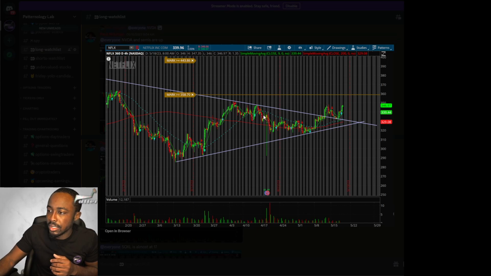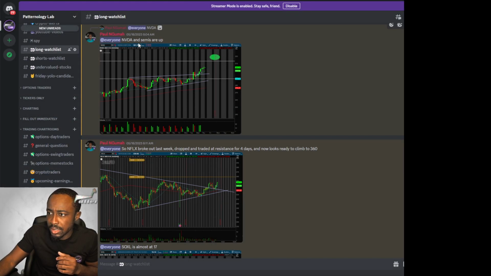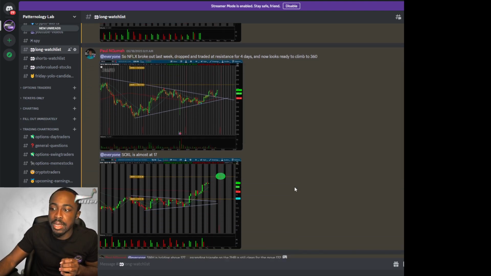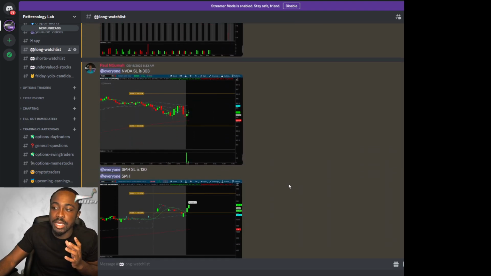Netflix showed a bullish pennant on the 4-hour time frame, and it broke out and retested. And from that point on, it was pretty inevitable that it was going to go all the way up to 360. As you can see right over here, it broke out last week. Dropped at resistance for 4 days, and now looks ready to climb to 360. And that was on the 18th pre-market, like 20 minutes before that massive run happened with everything else.